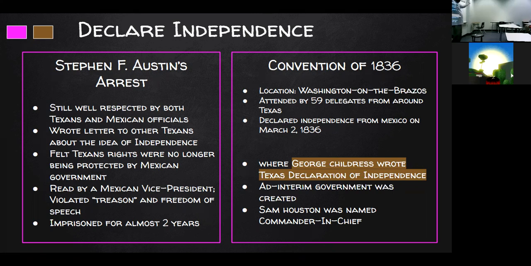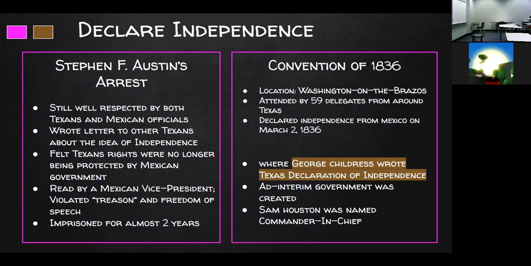You can say that here, but go say that in Mexico, and you can't. So freedom of speech is a big deal. He broke that law, okay?